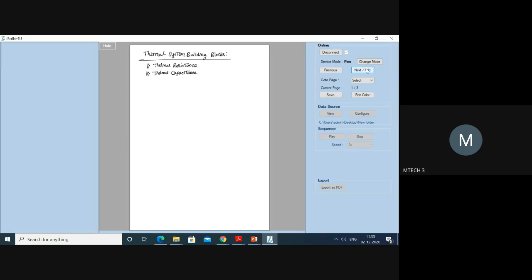What is meant by thermal resistance? Resistance for what? Resistance for temperature flow, or resistance for heat flow. Correct, resistance for heat flow. When there will be a flow of heat, there is a difference of temperature between the two points.